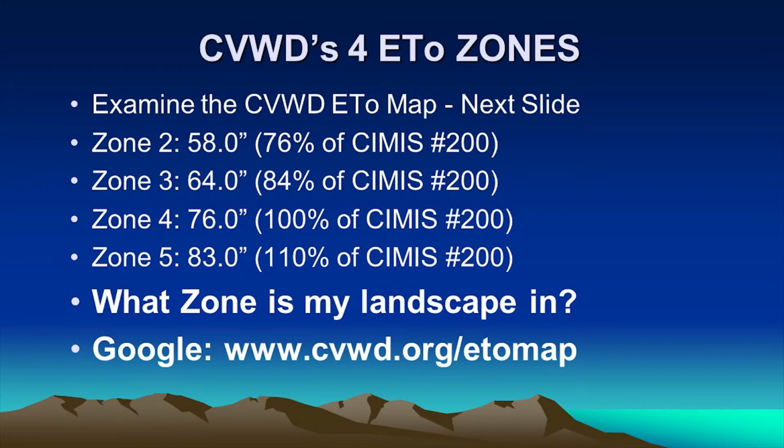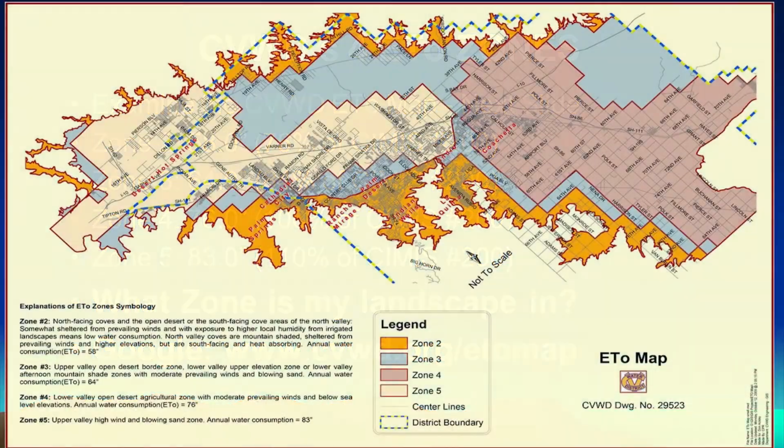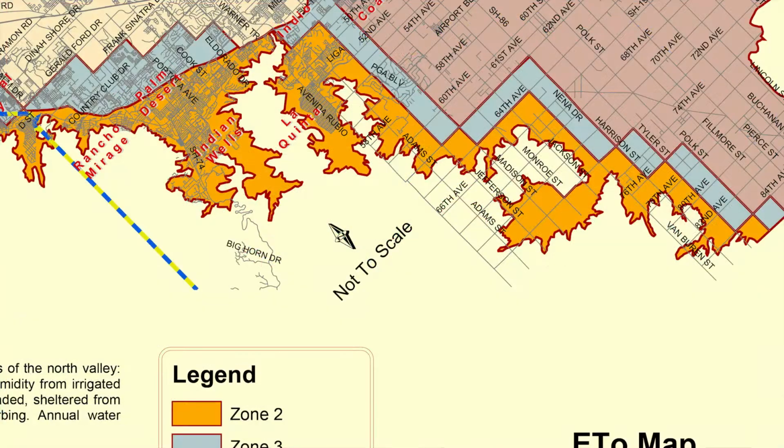2 is at the edge of the valley, generally along the cove communities here. And then 5 is out in the middle of the desert. So there's our ETO map. I'm going to show you how you can get your own copy of it. The orange are the coves. So you can see right above the legend is Indian Wells, Palm Desert, Rancho Mirage, Palm Springs, La Quinta, and you can see they're all orange.